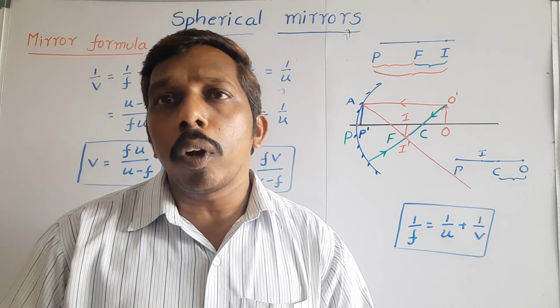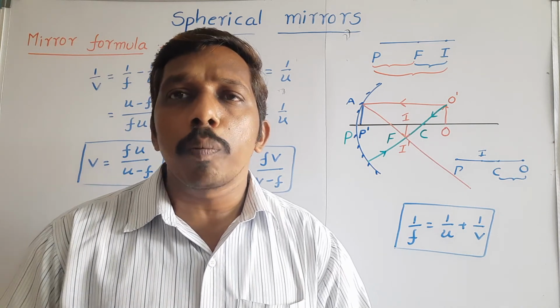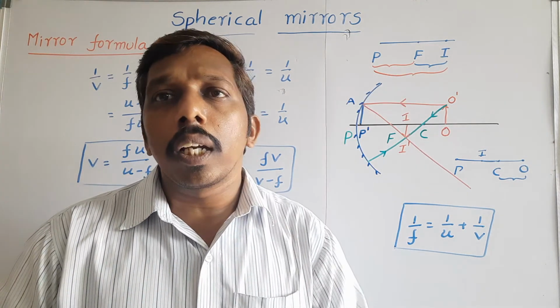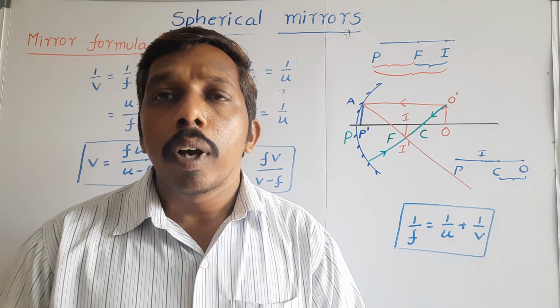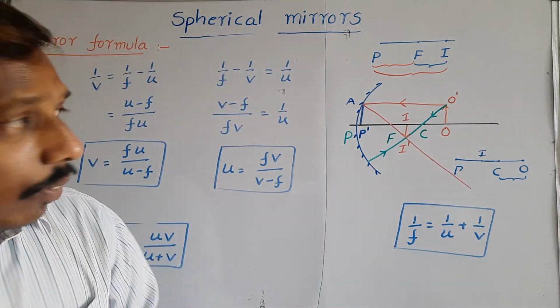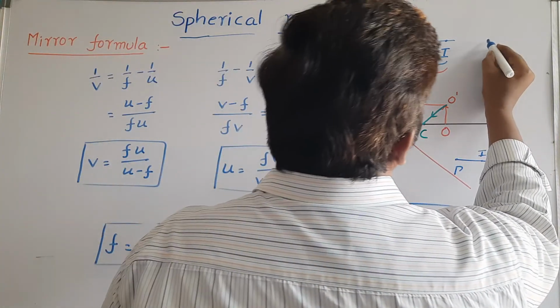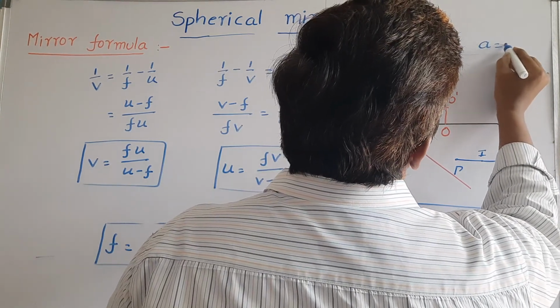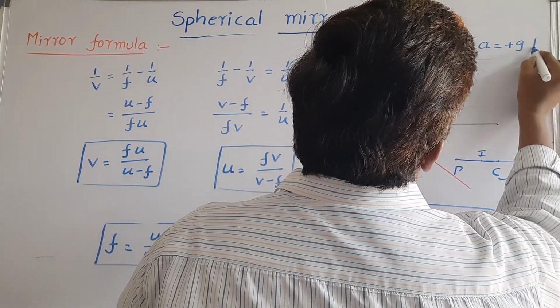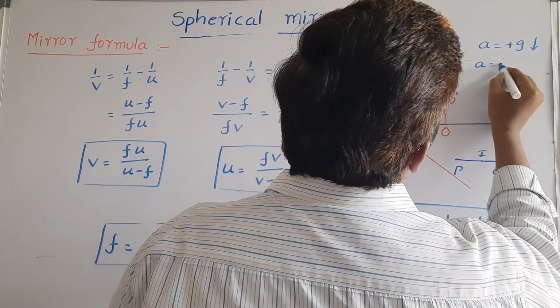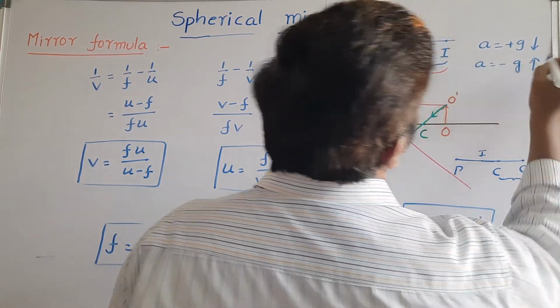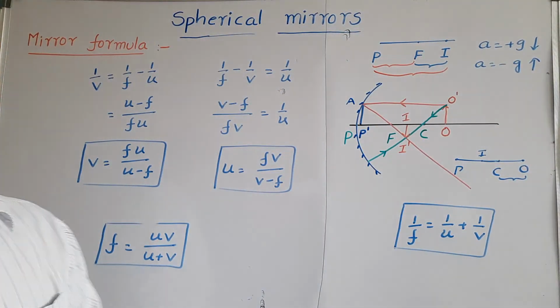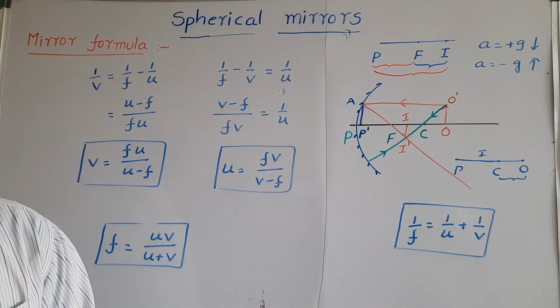In case of freely falling body, we are taking a is equal to plus g. In vertical upward direction, we are taking a equal to minus g. In same way, we should take sign convention.